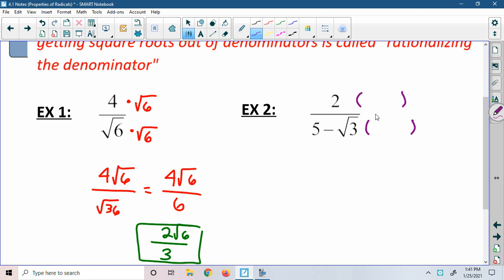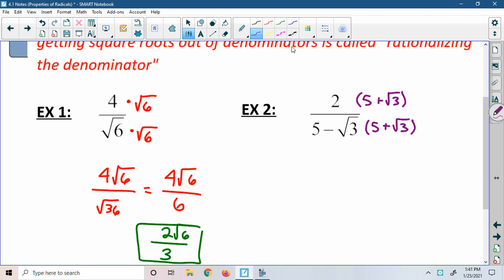And some of you may be looking back at some of our previous examples and know what's going on here, but we want to multiply this by the conjugate of the denominator. Remember, conjugates, you keep the same exact numbers, you just switch the sign in the middle. So 5 plus the square root of 3 is what we'll be multiplying by.